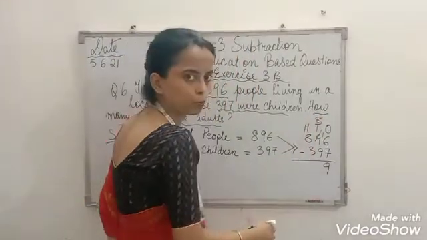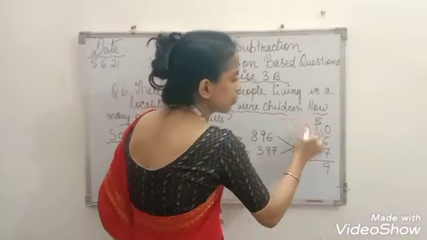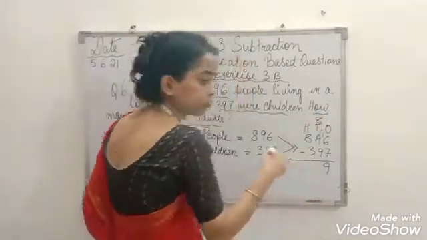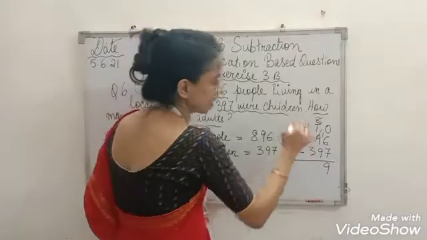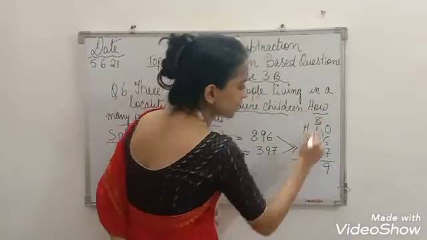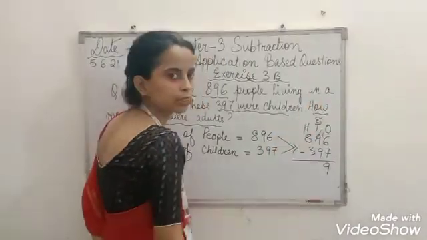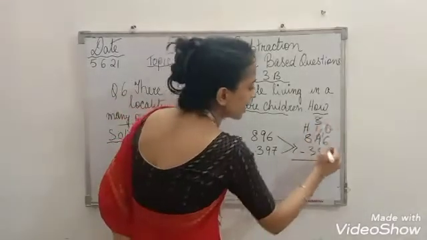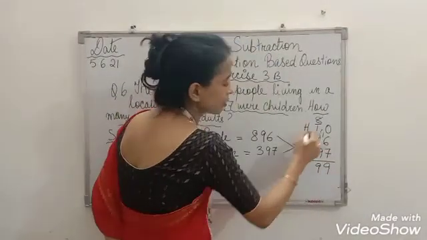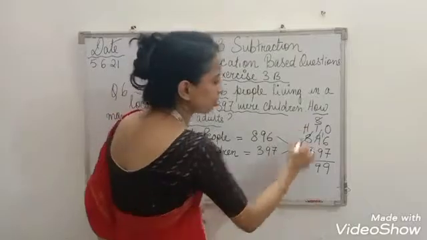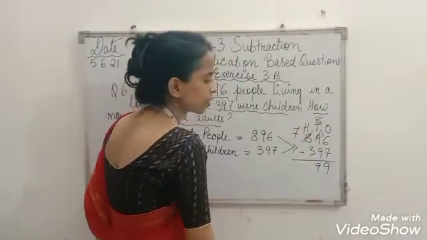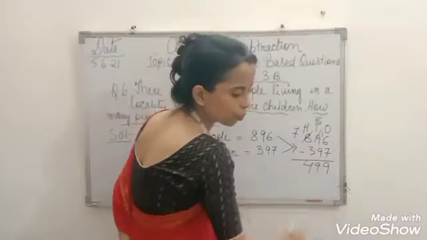Again we have to borrow from the hundreds place. So how much will we borrow? 10 tens. Then it becomes 10 tens plus 8. Yes, it's 80. 18 minus 9, 9. Hundreds place, how much left? 7. 7 minus 3. It's 4.